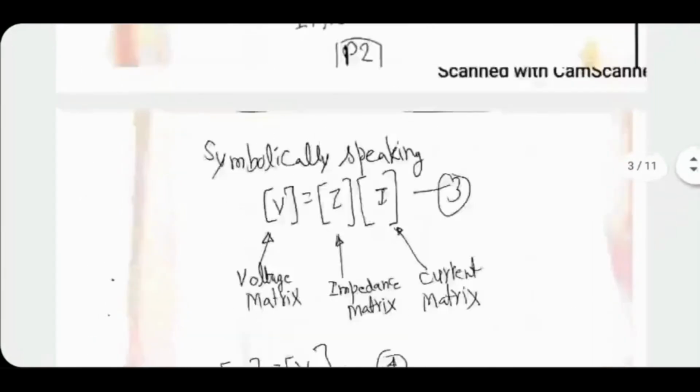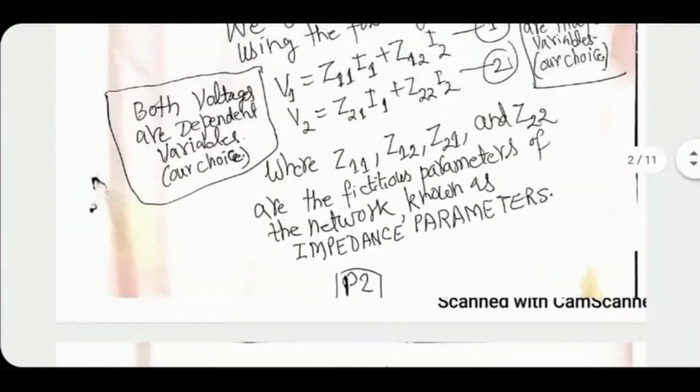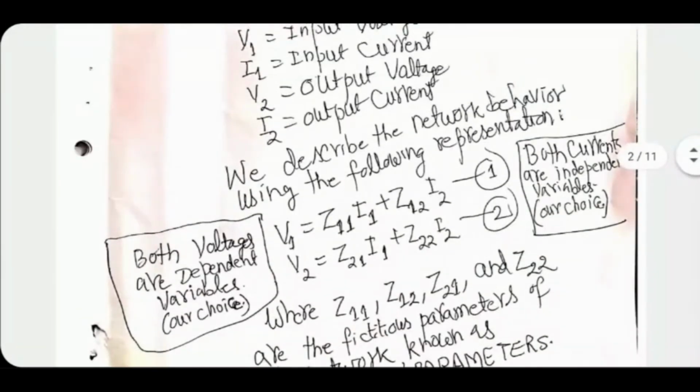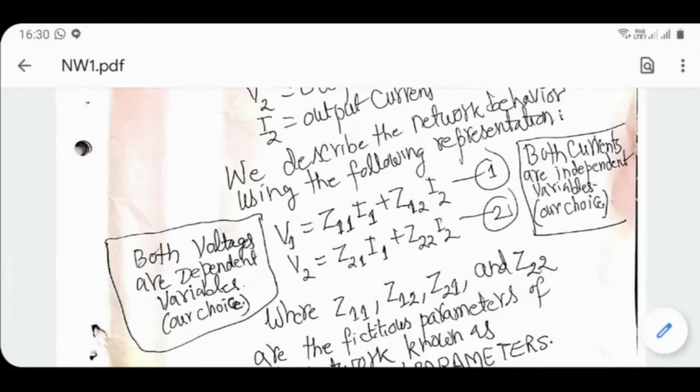Now, how would you measure these parameters in the lab for a given network? Look at the defining equations. In equation 1, how is Z11 defined? Suppose I make I2 equal to 0 and take the ratio V1 to I1. I should get Z11.